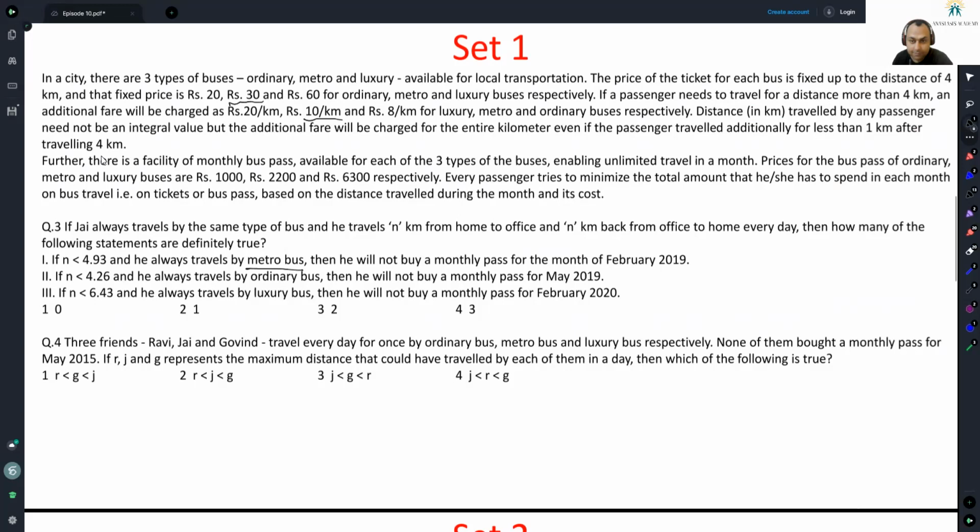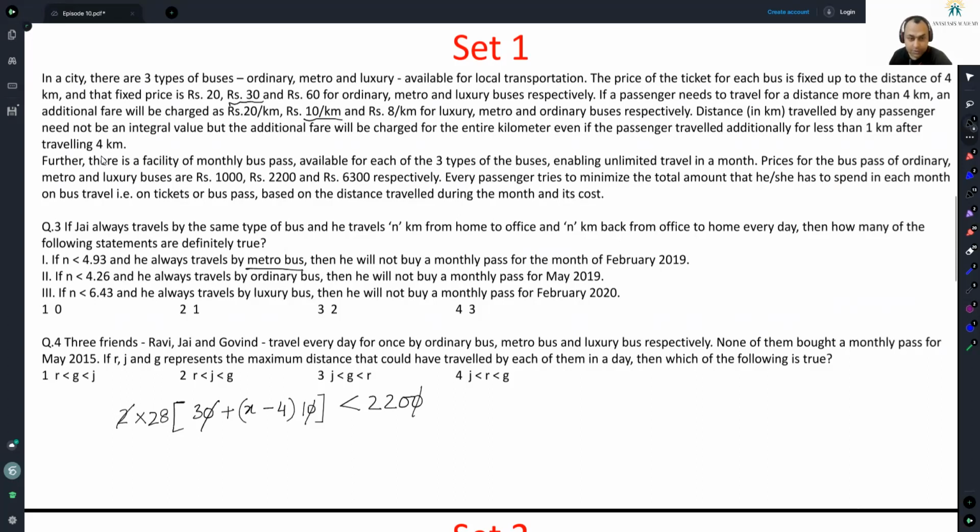Okay, let me check. February 2019 is 28 days and he's making this journey 2 times. So one way his cost would be 30 plus x minus 4 into 10 has to be less than 2200. Yes, I think this is right. So first thing I'll do is get rid of these zeros.